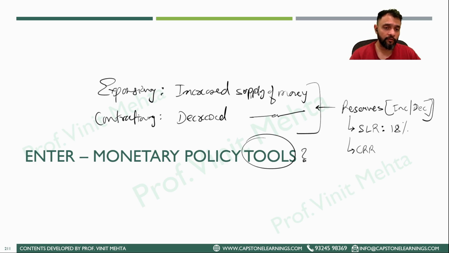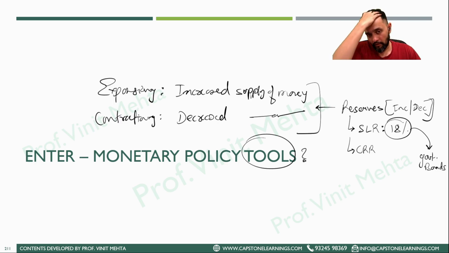So 18% of that. Now here's the thing, where do they put aside this money? This 18% of the money, they are allowed to invest in safe securities, typically government bonds, that too which are very liquid, easily bought and sold, or maybe AAA rated bonds of public sector entities and all.